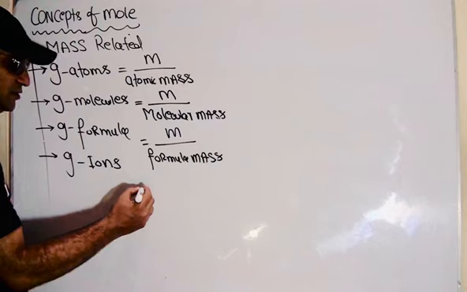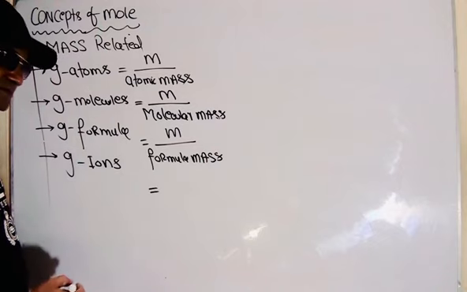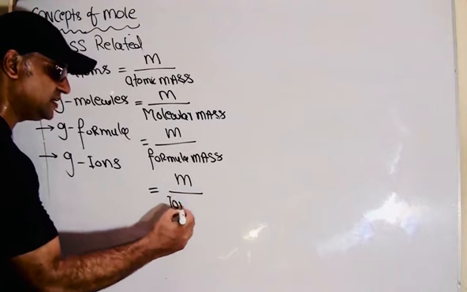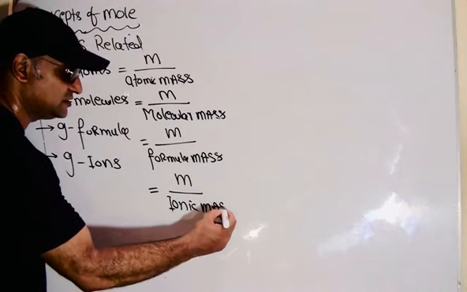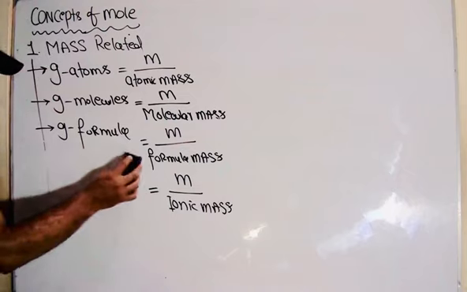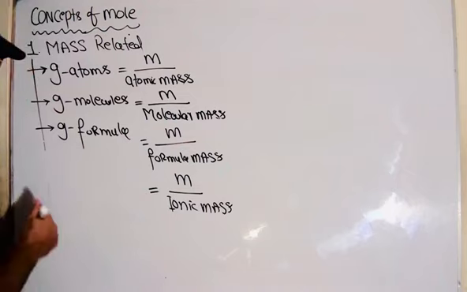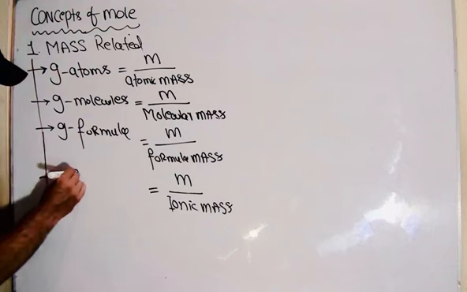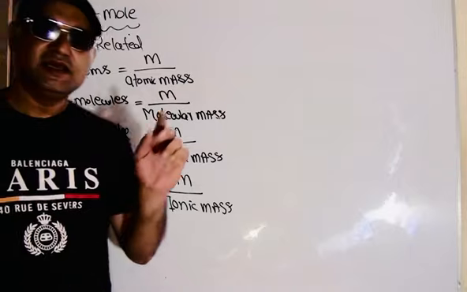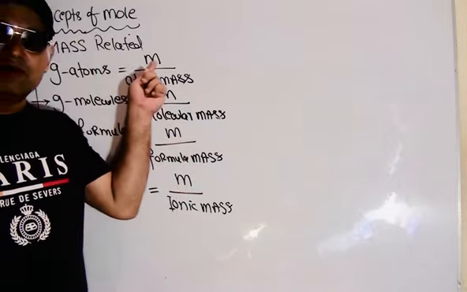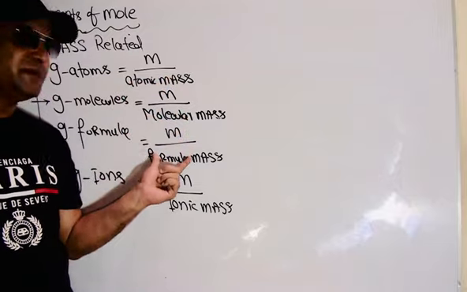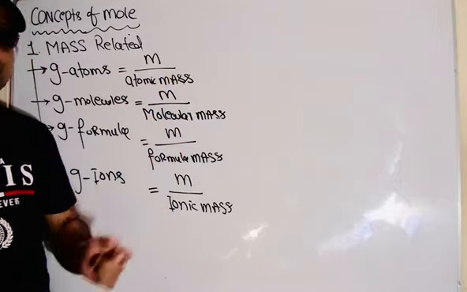And how can we calculate the gram ions? Given mass over ionic mass. So as you have seen, in all four formulas, the given mass is always written above and divided by the atomic mass, molecular mass, formula mass, and ionic mass.